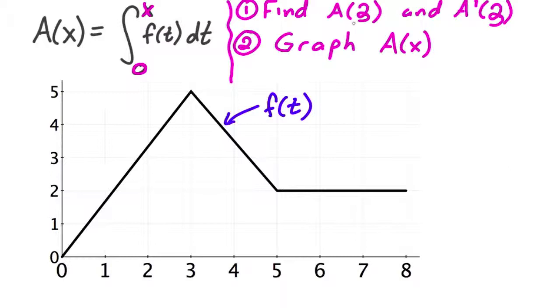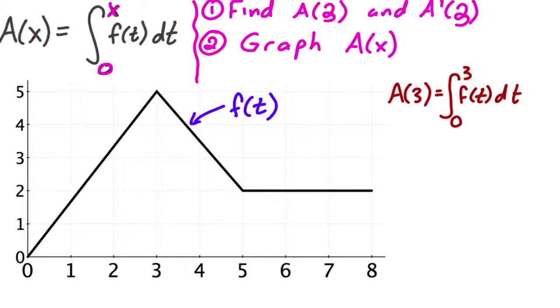And so let's find the first part, find A of 3. This one's easy because all you have to do is plug in 3 into x. And so that means that we're looking for the integral from 0 to 3 of f of t dt.